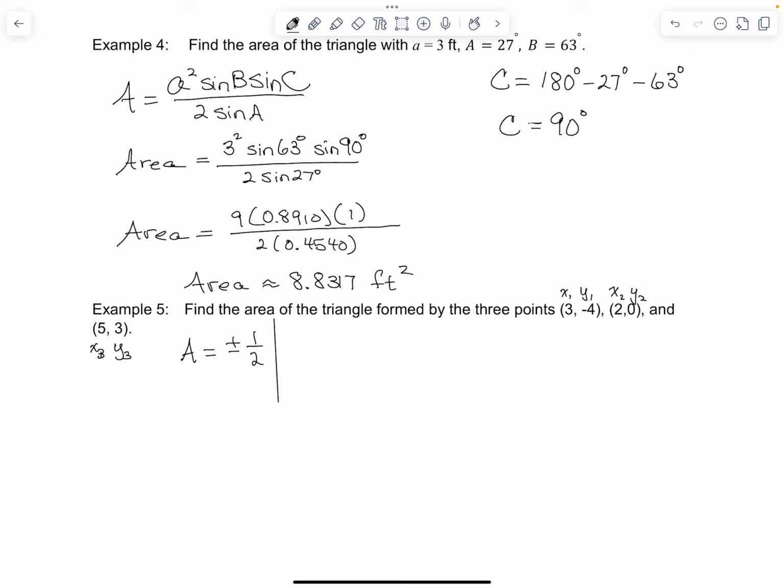So in my first row, I have 3, leave a space, -4, leave a space, 1. Then in my second row, 2, 0, 1. And then in my third row, 5, 3, 1.